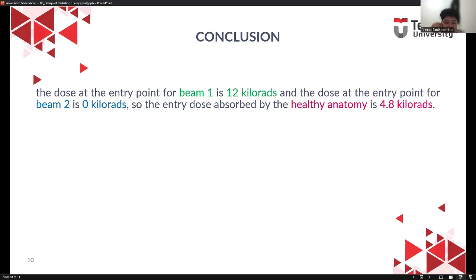The minimum radiation absorbed by healthy tissue is 4.8 kilorads. This result shows that focusing the treatment on beam 1 only gives the safest and most effective radiation therapy plan for Mary.